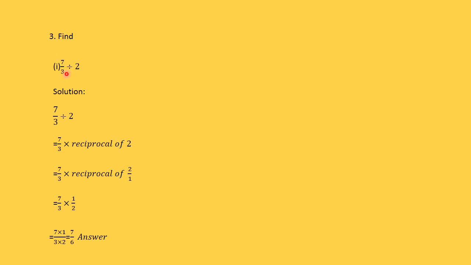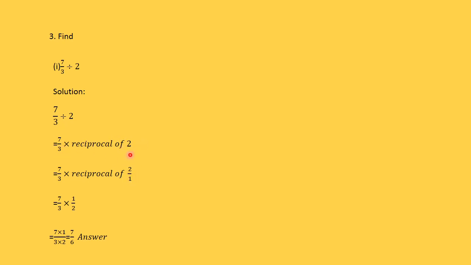Third problem. Find 7 by 3 divided by 2. 7 upon 3 divided by 2. So what shall we do? We will change the divided by symbol into a multiplication symbol by writing the reciprocal of 2. Here there is nothing in the denominator. When there is nothing in the denominator, it is understood that the denominator value is 1 always.